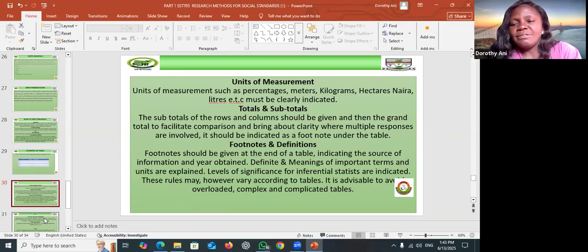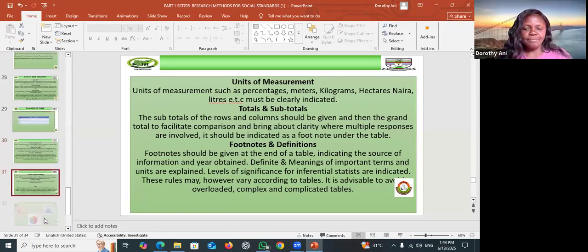Like some of my works that I wanted to publish as articles in a journal, when I looked at the date of the table, I said no, this work cannot work again, because some of them were 2019. Where will you present that? It must have passed, and you are reporting something when there should have been a new event. So these are the things that are required for you to do when you are writing a table.